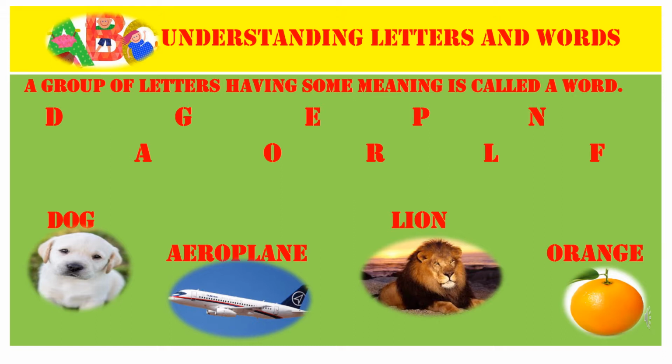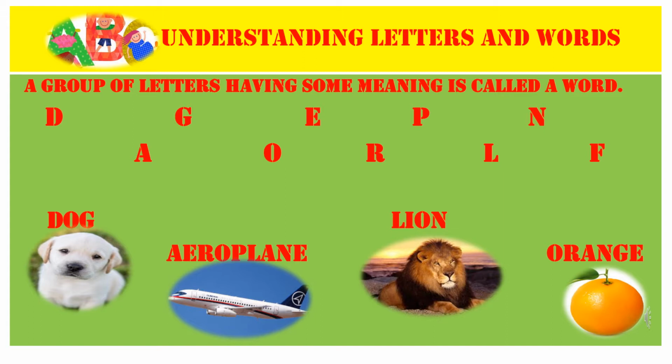Now, see, children, here you can see I have taken different letters: D, G, A, O. I have not taken alphabets right from A to Z. I have just picked up certain letters. And now, look at the game that we are going to play. You can see there is a picture of a little dog over here.